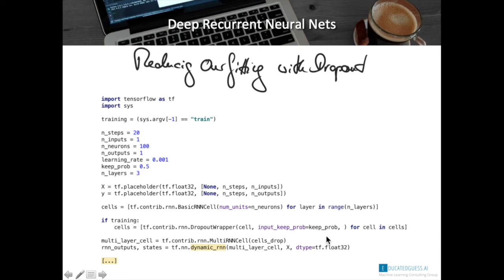During training, we use our dropout wrapper to apply dropout, whereas in the prediction phase we don't. Okay, so that's actually a very easy workaround for this particular issue.